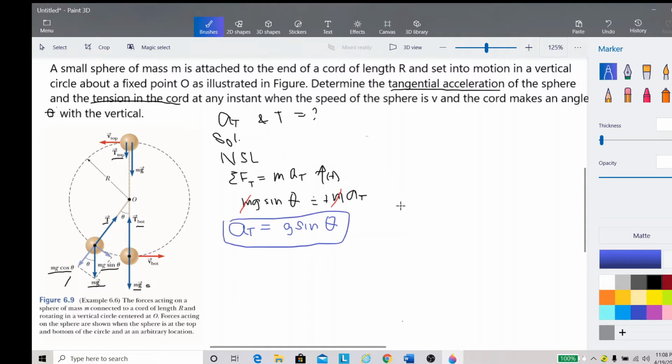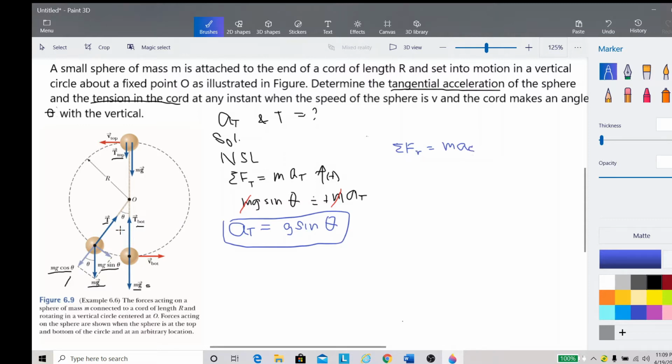Now, if we sum up forces, the summation of forces along the radial direction is equal to ma, but this ma is along radial, so that will be centripetal acceleration.